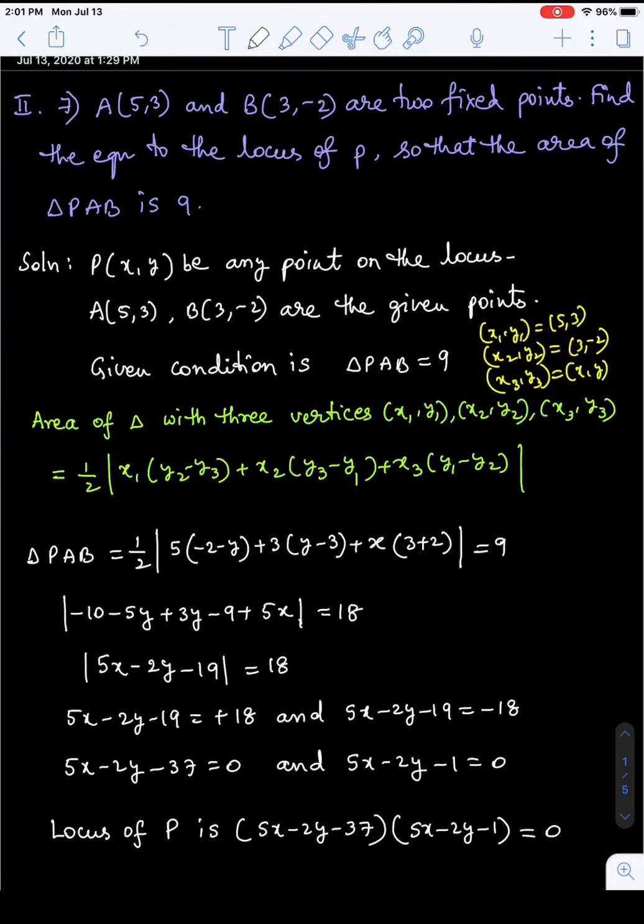Now put all those values in the formula. That is half mod, x1 is 5, into (y2 minus y3), that is minus 2 minus y, plus x2, what is x2? 3, into (y3 minus y1), that is y minus 3, plus x3, which is x here, into (y1 minus y2), that is 3 minus minus 2.